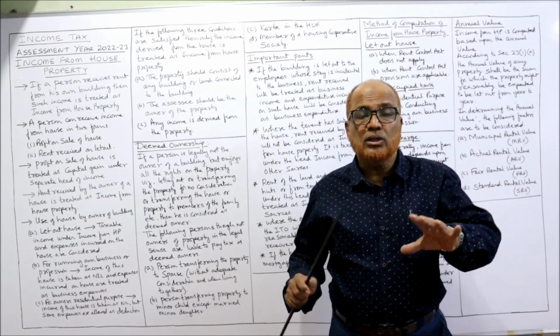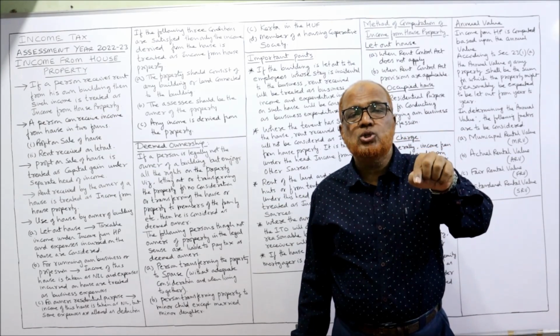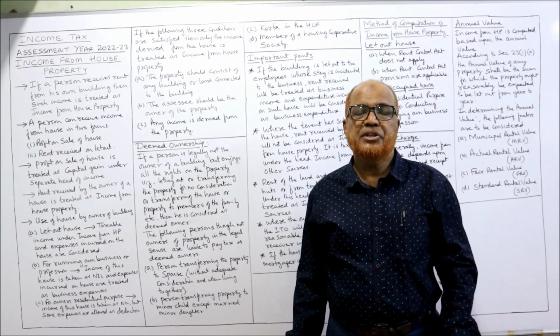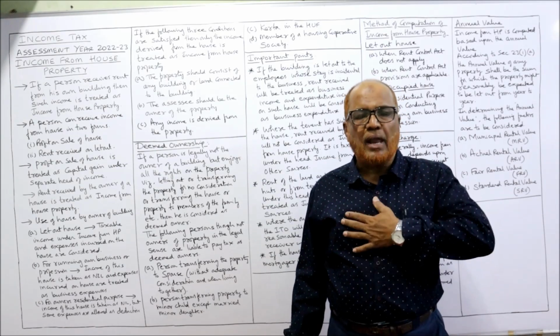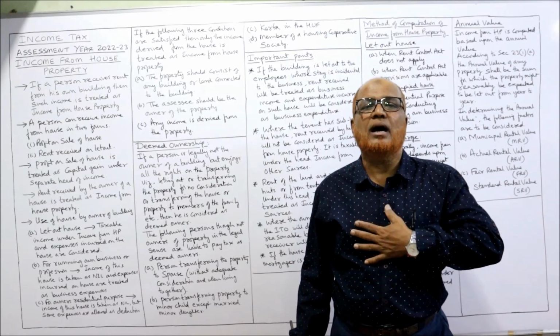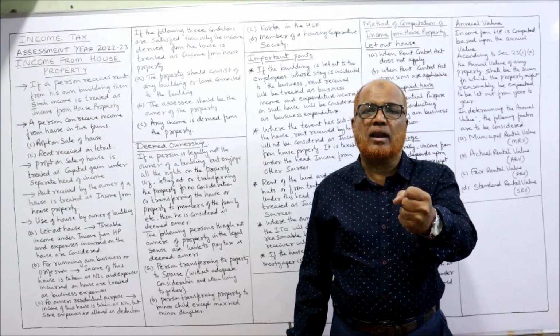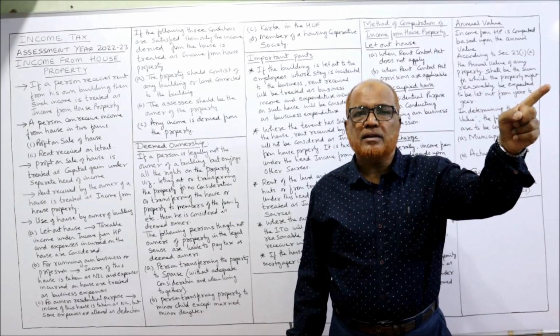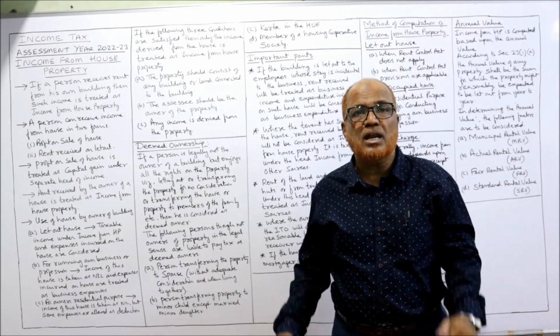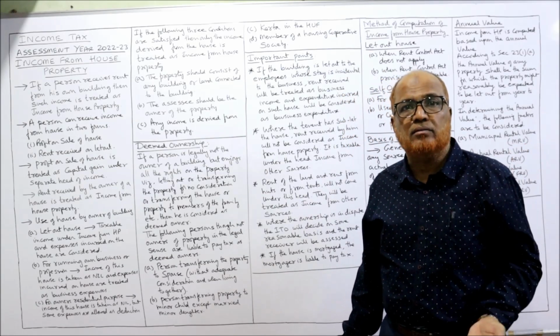Legally, he is not the owner, but still he is enjoying all the rights of the property. Then he will be treated as deemed owner. Example, I am not the legal owner. The property is not in my name, but I am enjoying all the rights on the property. Income Tax Act will treat me as a deemed owner, not the real owner, but just like the owner, I am liable to pay the tax.